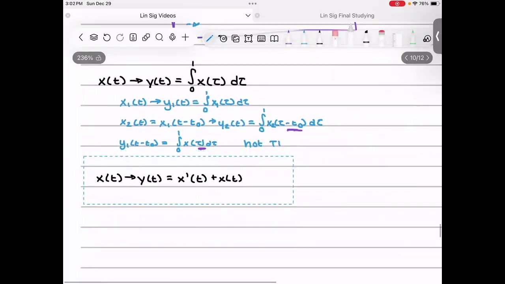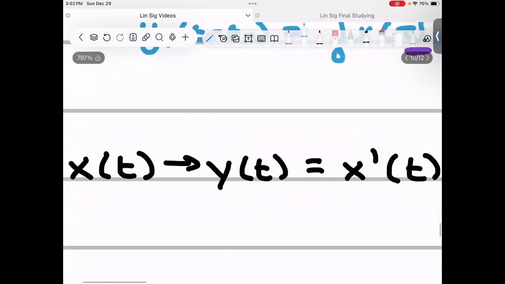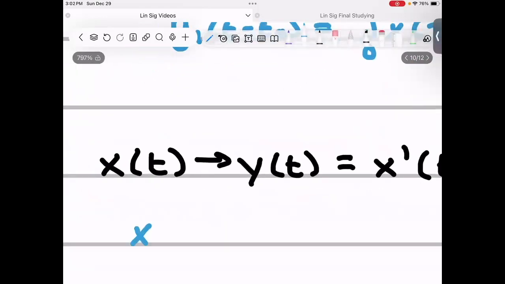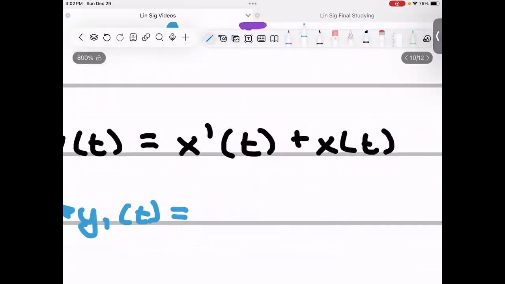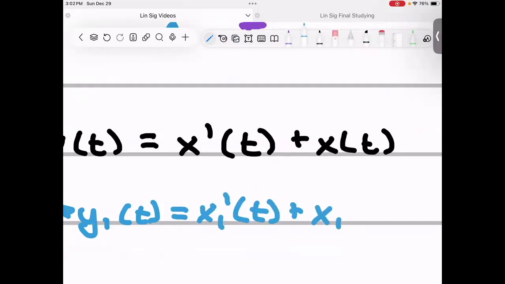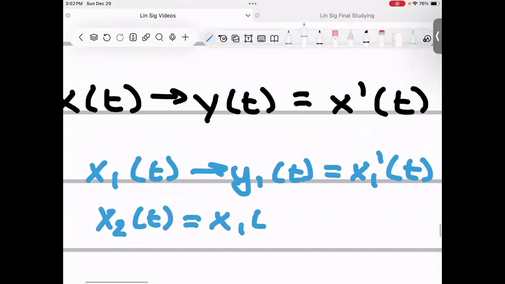Okay, let's try another one. This one uses derivatives, but don't be fooled. It's the same procedure. x1 of t yields y1 of t, which equals x1 prime of t plus x1 of t. And then x2 of t is the same thing as x1 of t minus t naught.